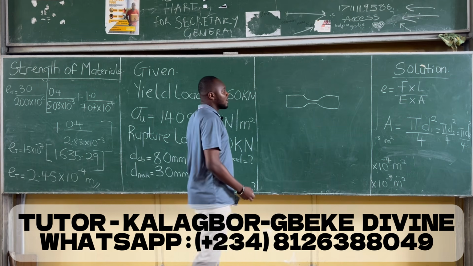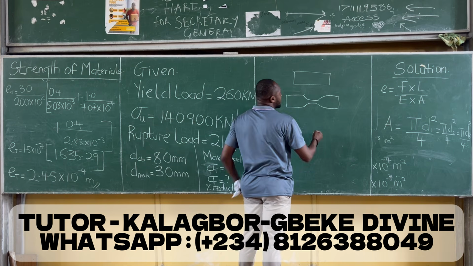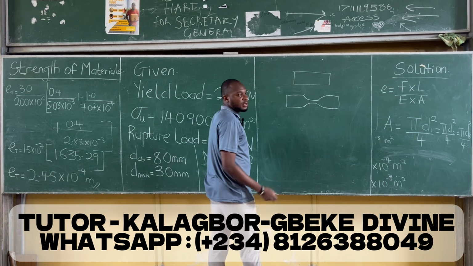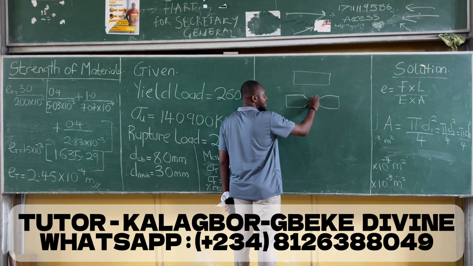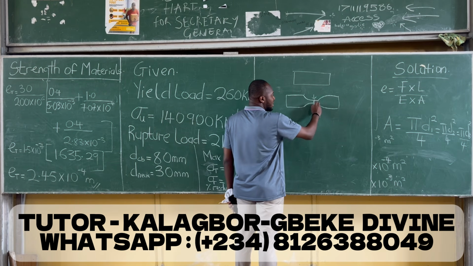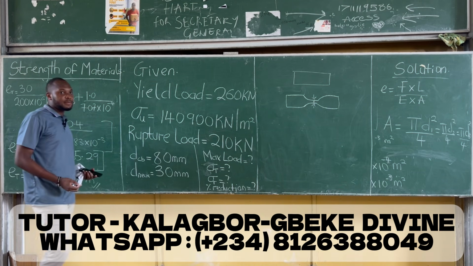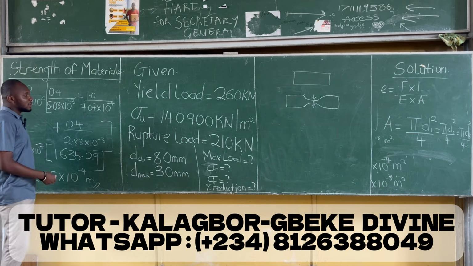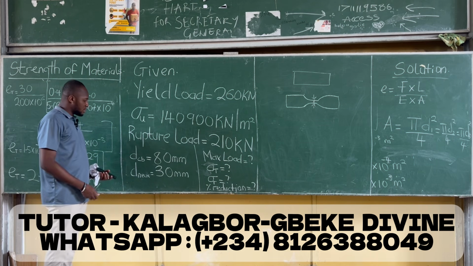Let's say this is how the material was. They said dragging it. So this is like the neck. This is the neck. If you drag it more than this, it's going to what? Fracture, right?